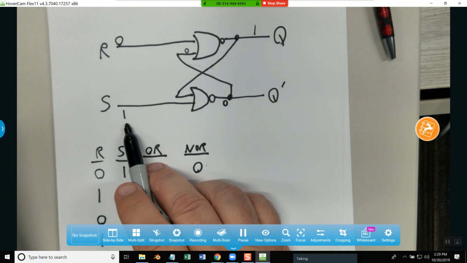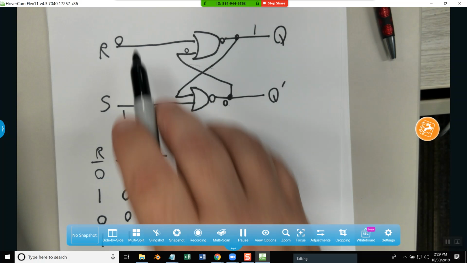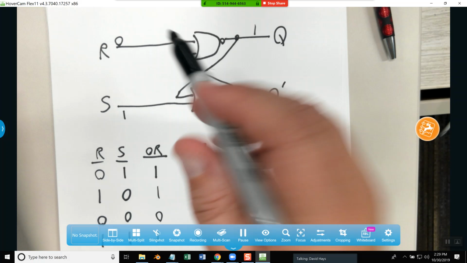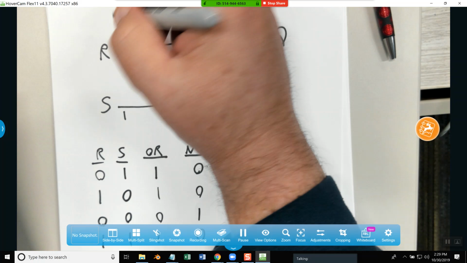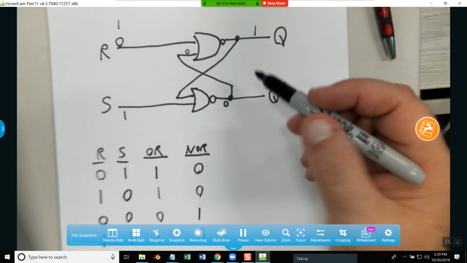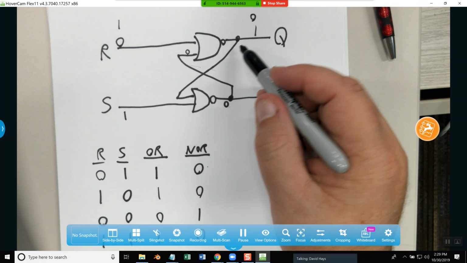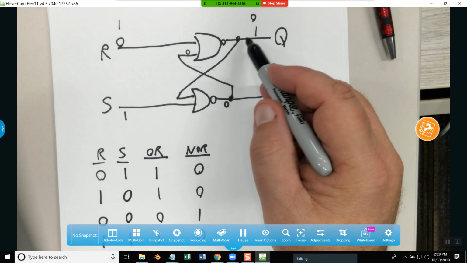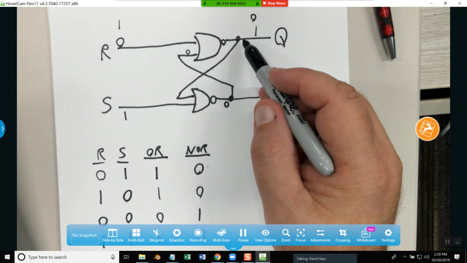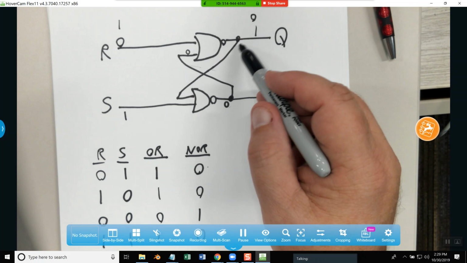So this would be a 0 coming out. And then that would come down here, and you'd have a 1 and a 0, which gives you a 0 coming out. So both of these then would be 0. Okay, that's what they're talking about with 2 1s coming in, giving you 2 zeros.